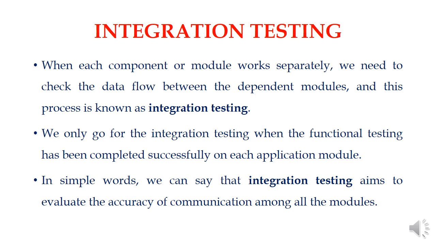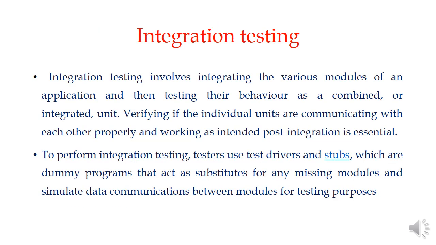We go through integration testing once functional testing has been completed successfully for an application module. In simple words, it aims to evaluate the accuracy of communication among all the modules. This is very important. It involves integrating various modules of an application and then testing the behavior as a combined, integrated unit.